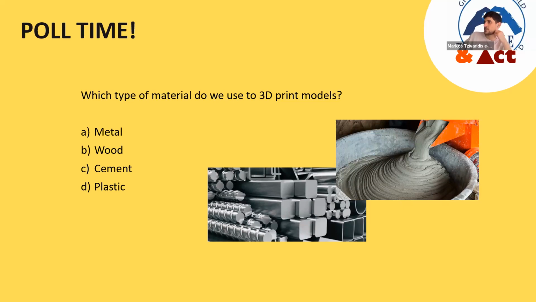I'll give you a minute, or maybe less. So it's metal, wood, cement, and plastic. Now, what type of material do we use to 3D print models?